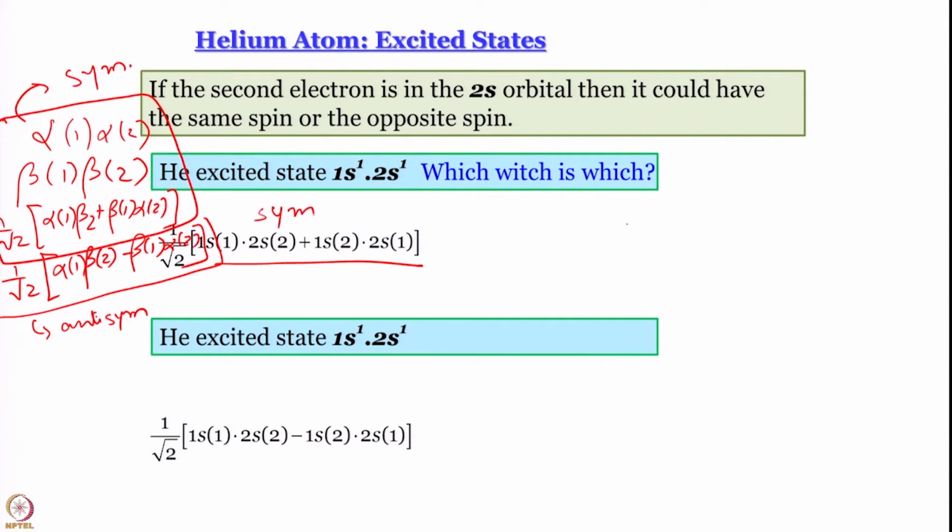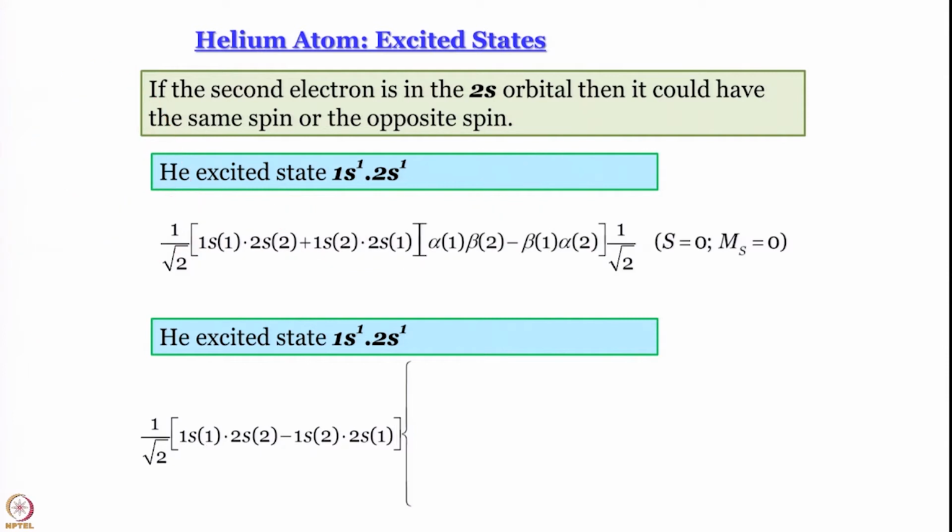So, in order to have an antisymmetric total wave function, it is imperative that the spin part has to be antisymmetric. The only choice we have is this alpha(1) beta(2) minus beta(1) alpha(2) function. This is called the S equal to 0, MS equal to 0 state. We will come to that shortly.